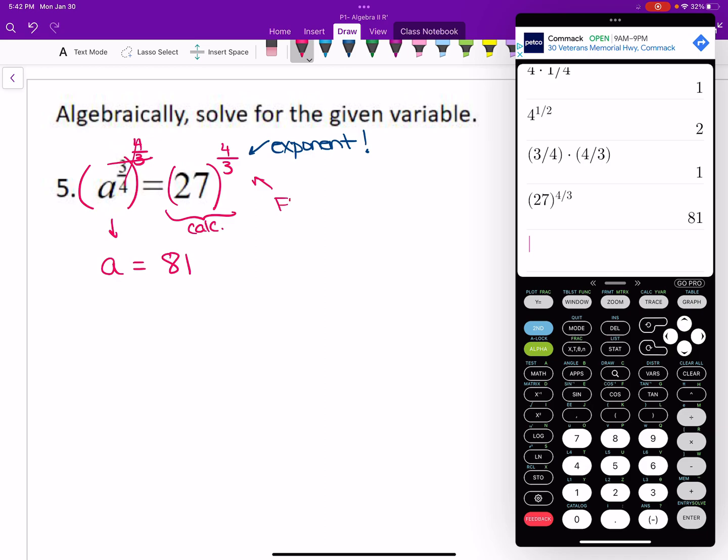One thing to point out, our flipped exponent, the denominator is odd, so no plus minus in your answer. Just take it the way the calculator shows it.